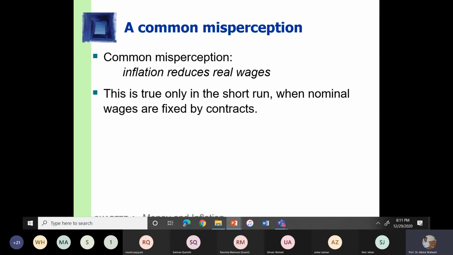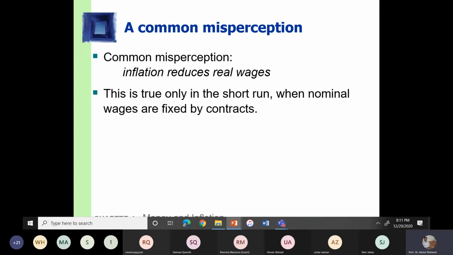If there is an increase in inflation, our salary will not immediately increase, so this will reduce our real wages, and this will result in a decrease in purchasing power.